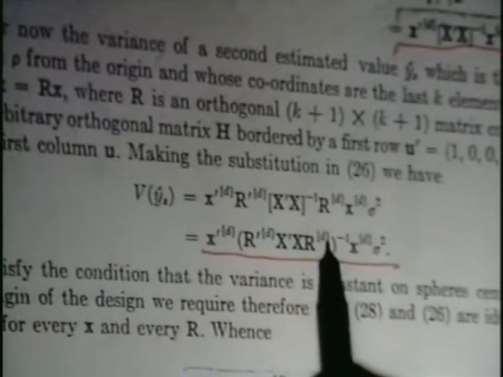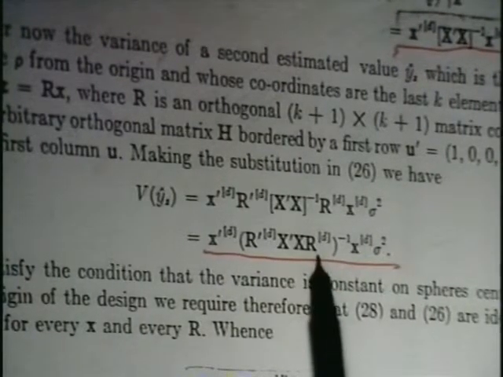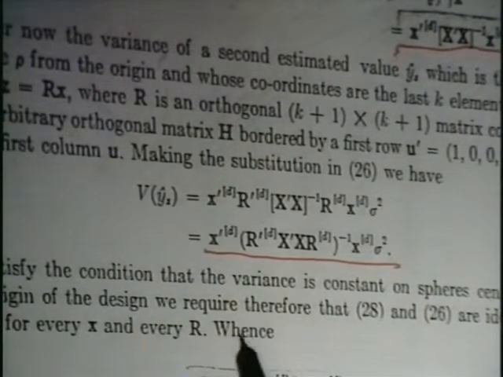Now, in the original paper of Box and Hunter, this is expressed over here. Up here we have the variance function which is not transformed. Down here we have a variance function which is transformed by the rotation r. And the r to the square brackets d is what I denoted by q sub r.